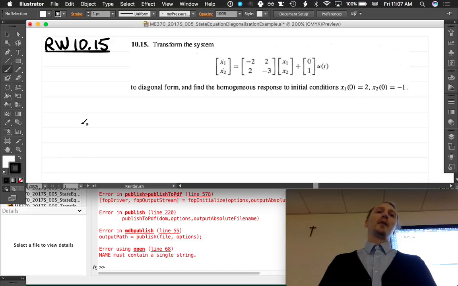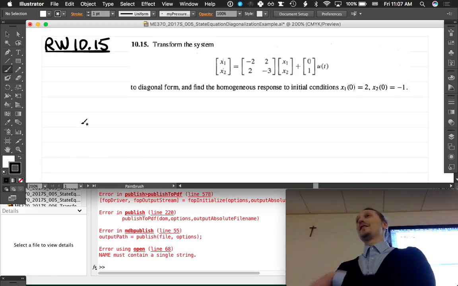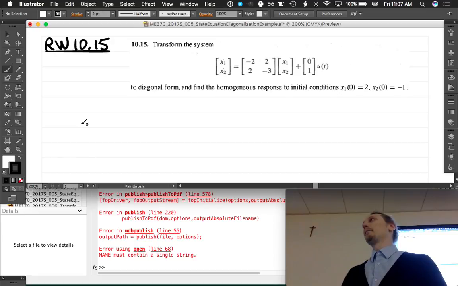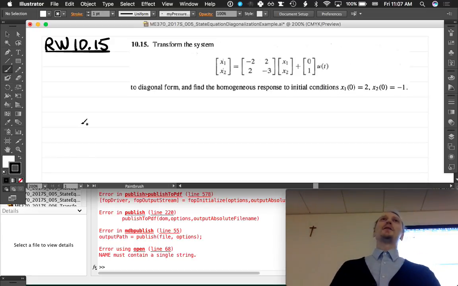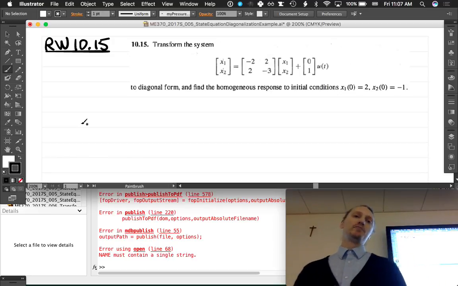The Mathematica script is still up there, so you can print it off, or you could download it and play with it in Mathematica, and the computer's downstairs. It's really fun. But I thought that this was probably a little bit more useful for you guys to do it by hand and in Matlab. So I'm going to do both.